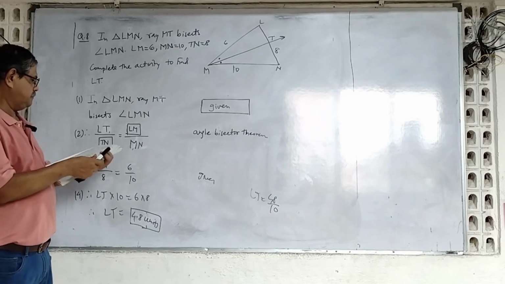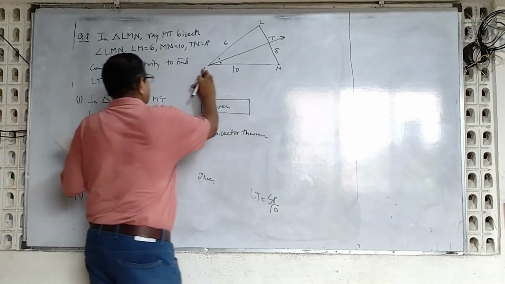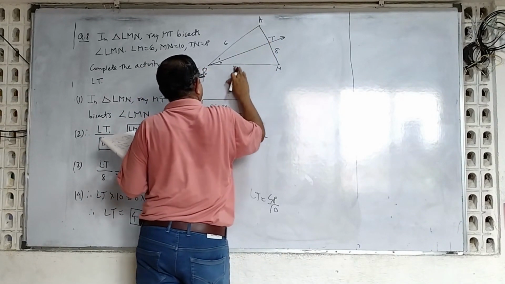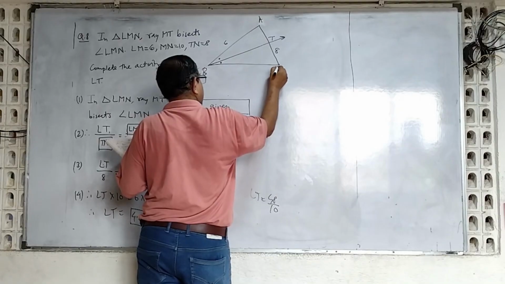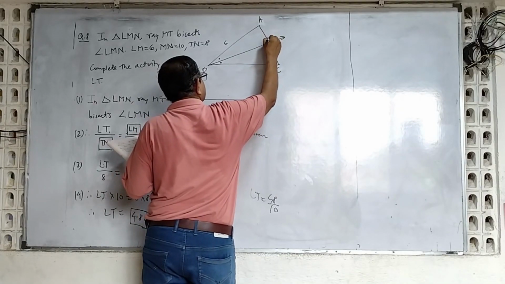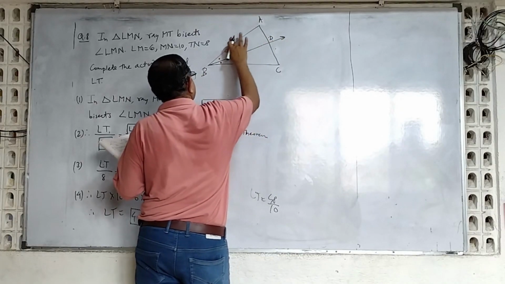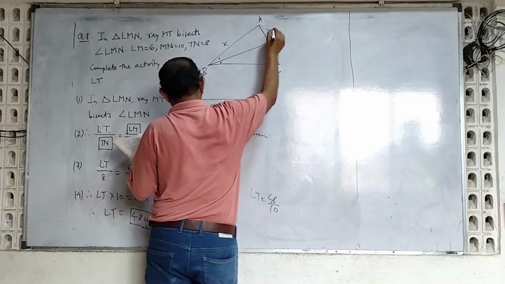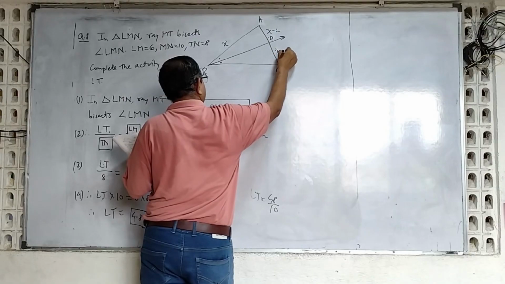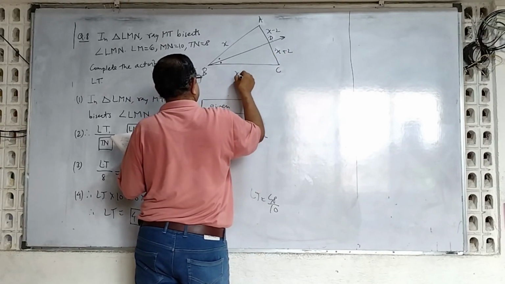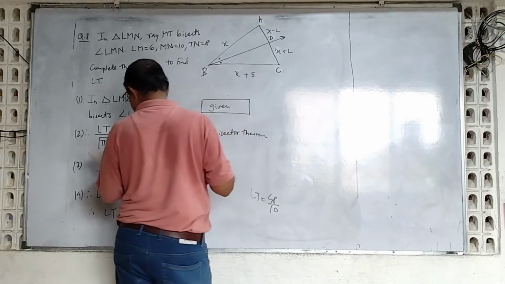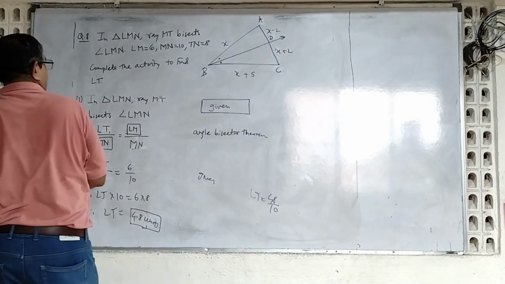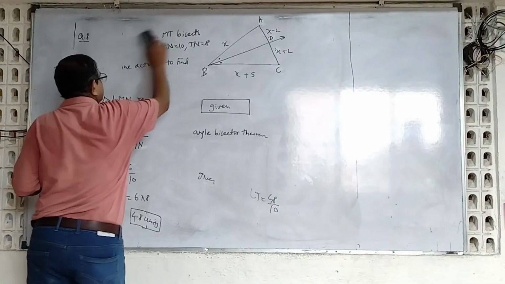What they did here: this is given as x, this is x minus 2, this is x plus 2, and this is x plus 5. And they asked to find the value of x. Again, I'm just doing the changes. You have to write again.